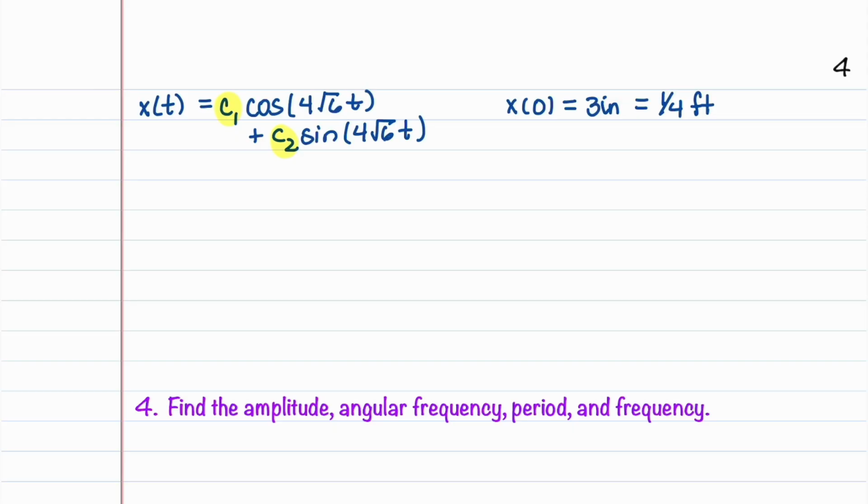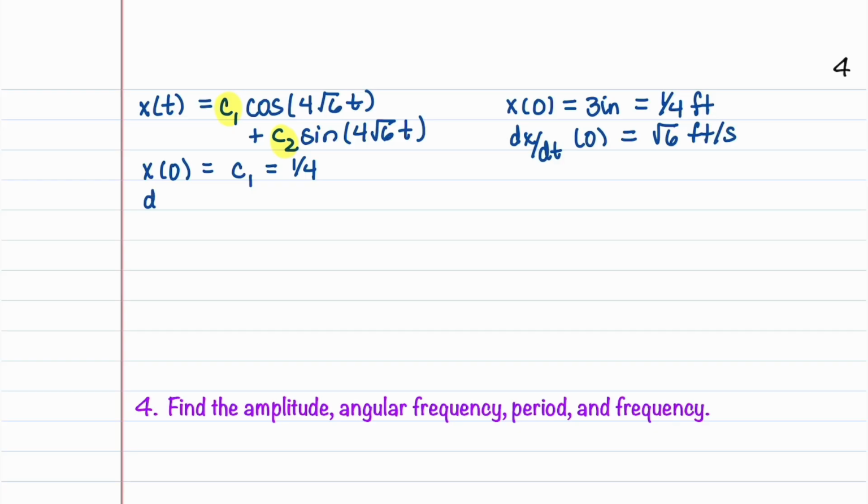And we're told that dx/dt at time 0 is equal to root 6 feet per second. Let's first substitute in that t is equal to 0. Cosine of 0 is 1, so this just gives us c1. Sine of 0 is 0, so we know that c1 is 1/4.